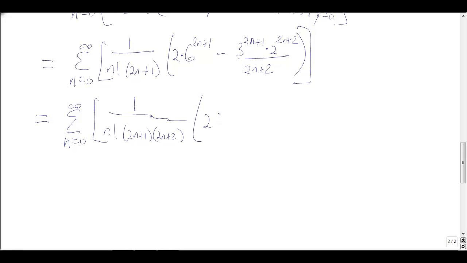I'm going to get a 2 times 2n plus 2 times 6 to the 2n plus 1. And then the 2n plus 2 will cancel in the second term. So I'll get a 3 times 2n plus 1 times 2 to the 2n plus 2. So all I did is I multiplied through by 2n plus 2, both terms here. That was basically to get rid of this denominator. I kind of factored out a 1 over 2n plus 2, would be another way to look at that.